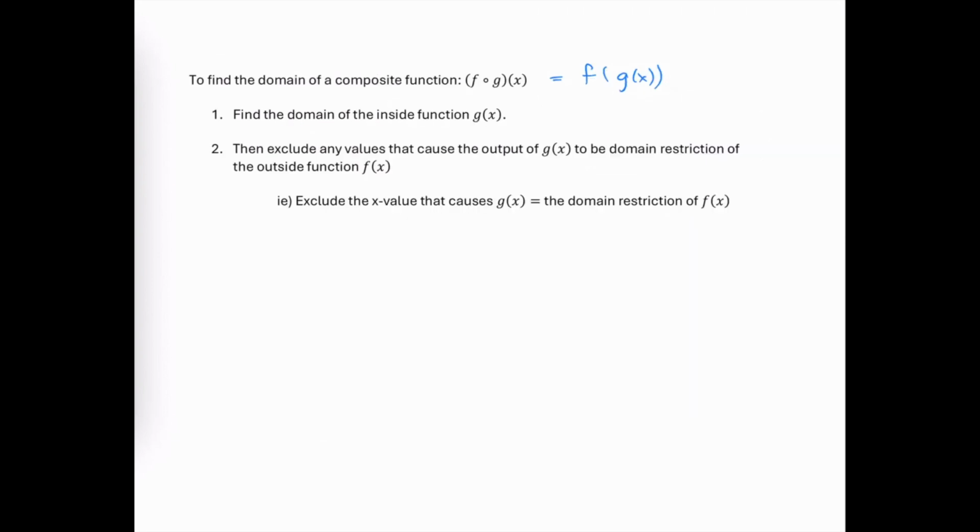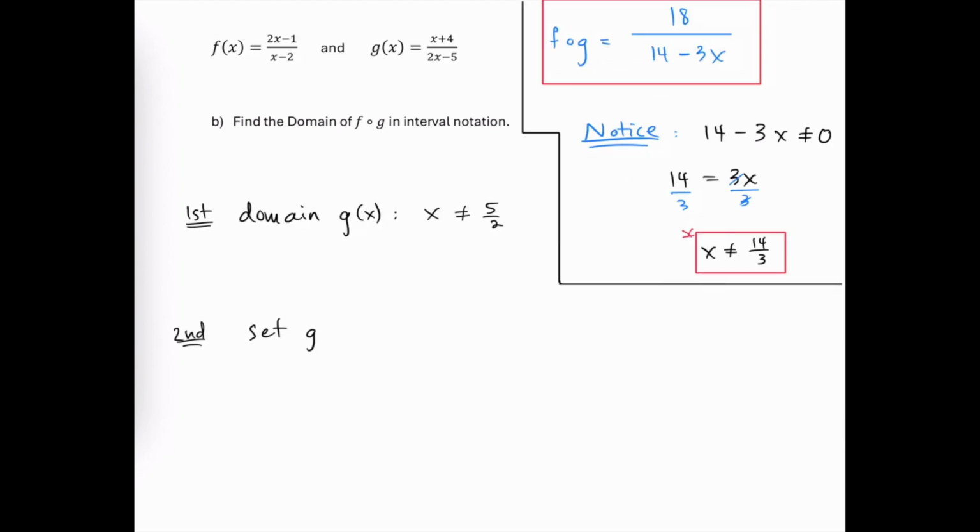And so the second step for finding the domain of a composite function is to essentially set g equal to the domain restriction of f and then exclude any values that cause this to happen. Exclude any x value that passes through g to become the domain restriction of f. So we'll set our g of x function equal to the domain restriction of f.